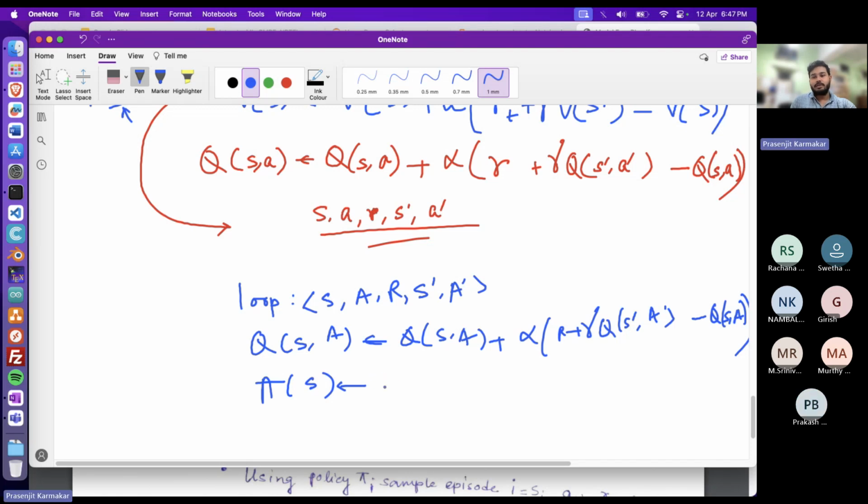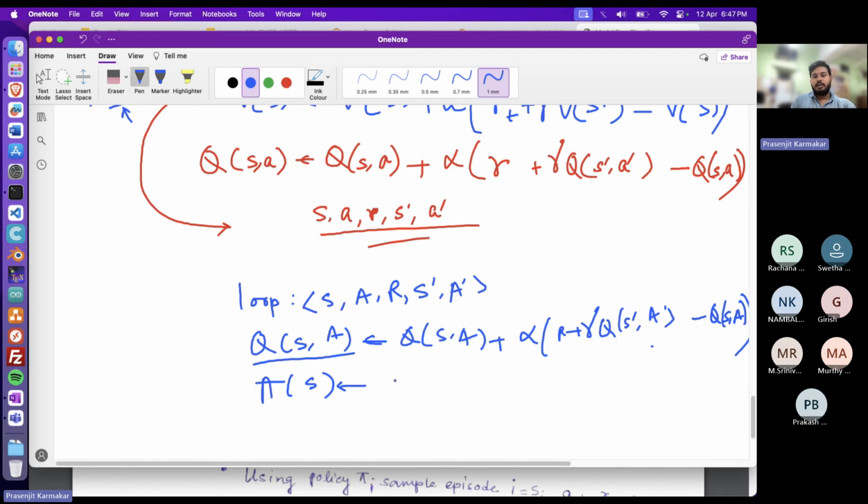So now comes the exploitation part. And see, there is no value function part here, so we don't have to think about the value function at all. We can just think of how I can get my next policy for the state S based on this Q function, the updated Q. That is what I can do.